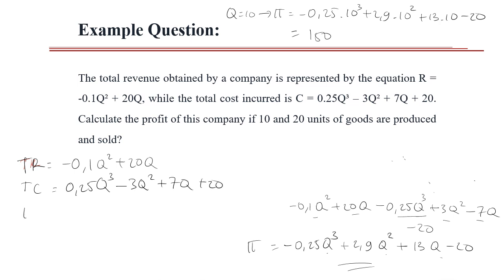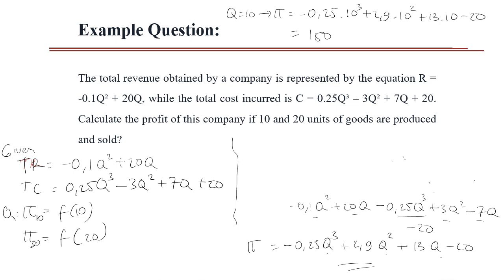So calculate the profit of the company if 10 and 20 units of goods are produced and sold. So what is P when Q is 10, and what is P when Q is 20? I say that this is P10 and this is P20. So this one is the question, and this one is the given information.